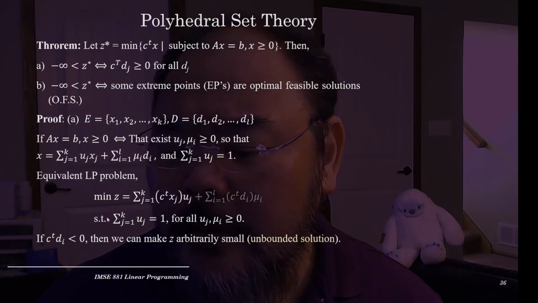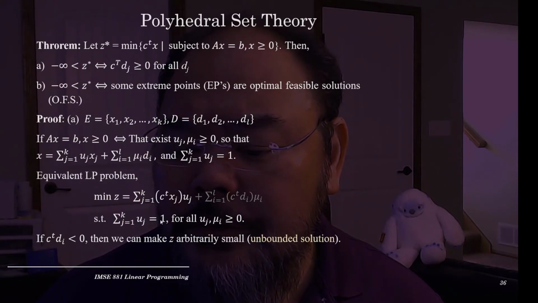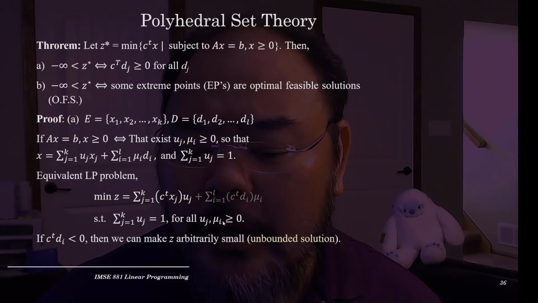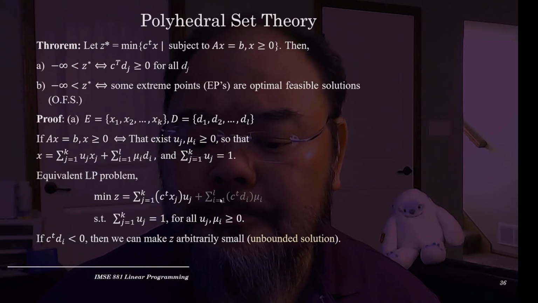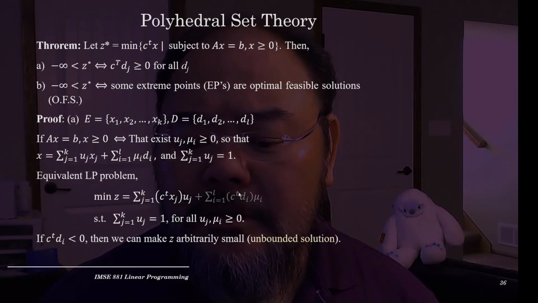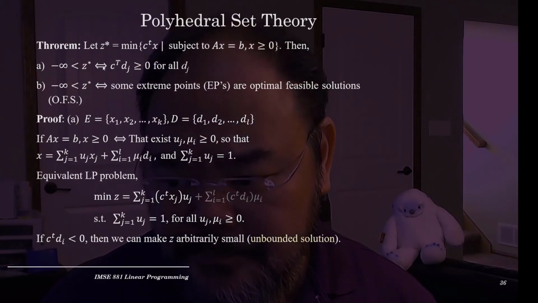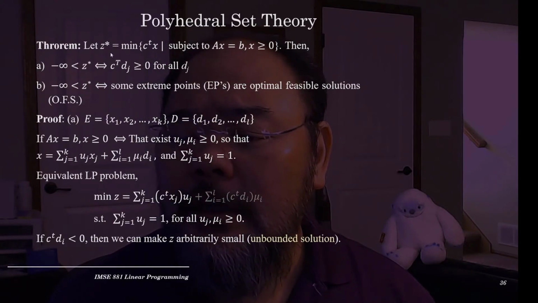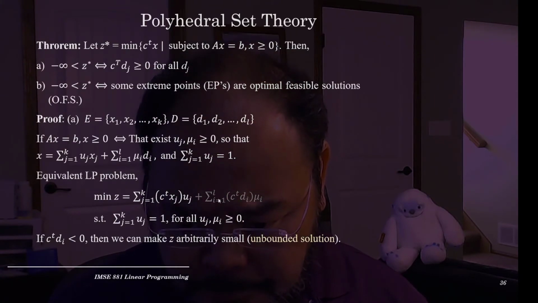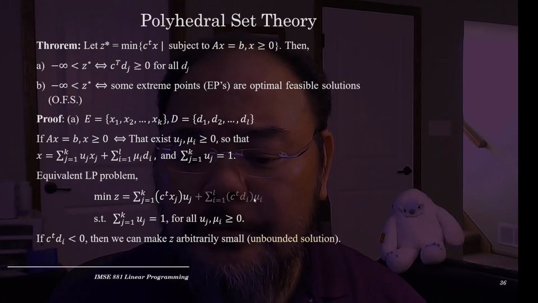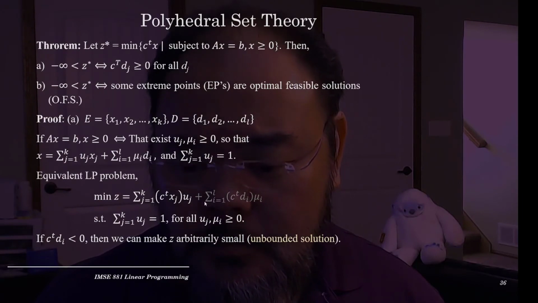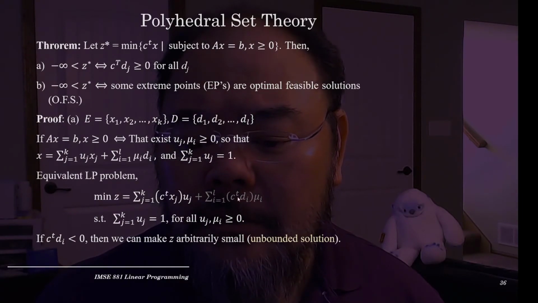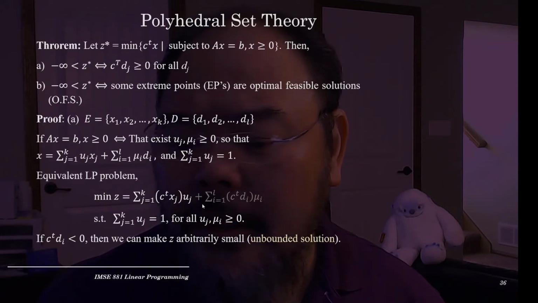So here in the subject to, we have the summation of Uj equals 1, and Uj and mu i are non-negative. However, since this is a minimization problem, and we know that C transpose times D, based on the definition, is greater than or equal to 0, this part is greater than or equal to 0, and mu i are greater than or equal to 0 as well. So if there's any positive value of C transpose times Di, then this part will deteriorate my objective function.